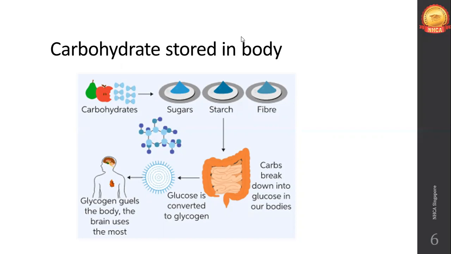That's how you get obese. And over a period of time, if you still don't restrict your carbohydrate-rich diet, the stored glycogen in the liver will convert itself into fat, and that's how you get fatty liver.